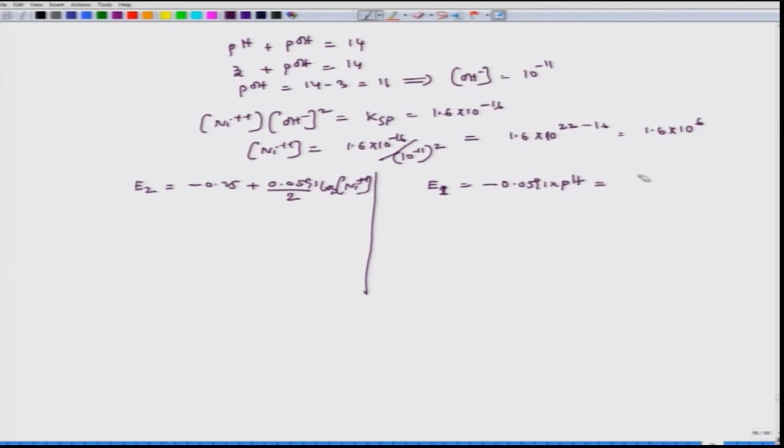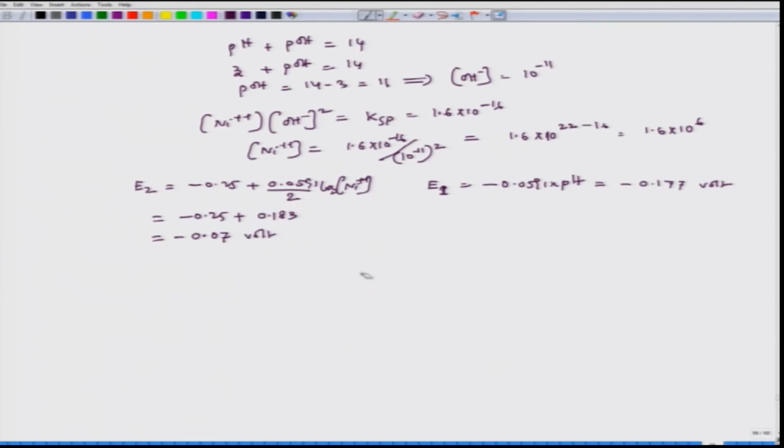So, I would get 0.0591 into 3, which goes to minus 0.1773, or I can simply say 0.1 volt. And on this side, the concentration 1.6 exponential 6 gives 0.183. So, this becomes minus 0.25, 0.07 volt.